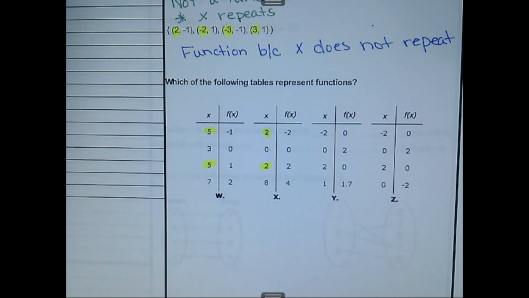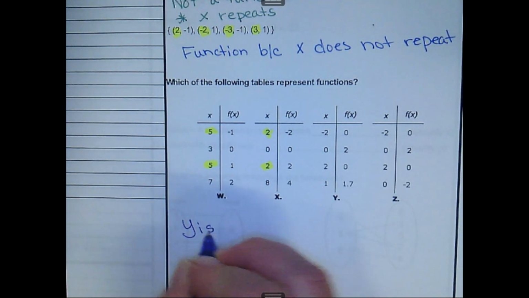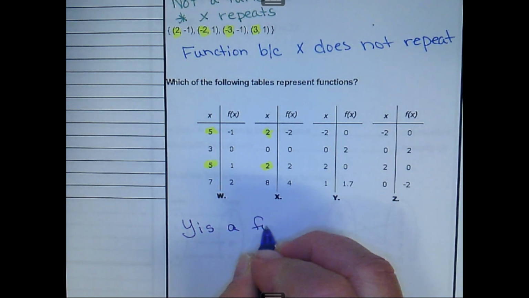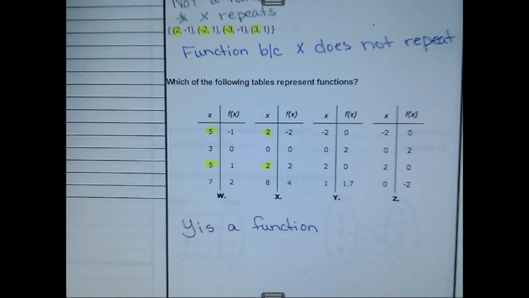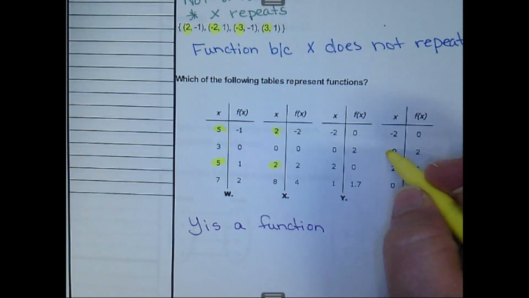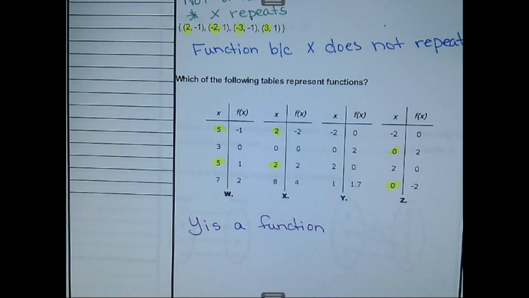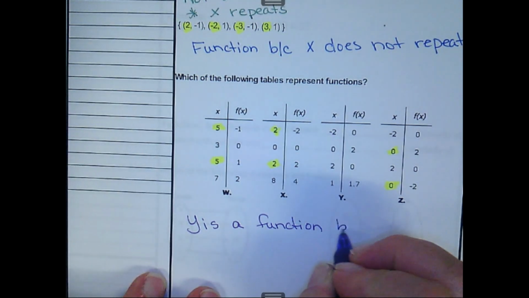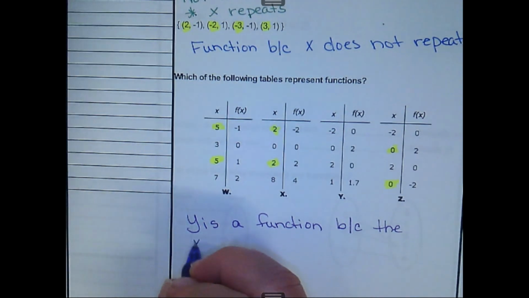Y is a function. Okay. -2, 0, 2, 0. This is not a function. Okay, y is a function because the x values do not repeat.